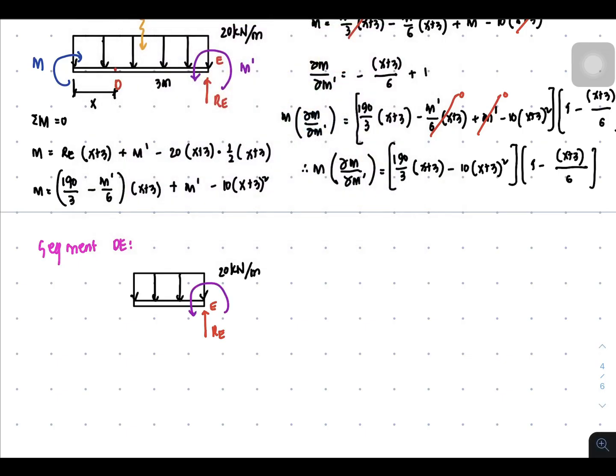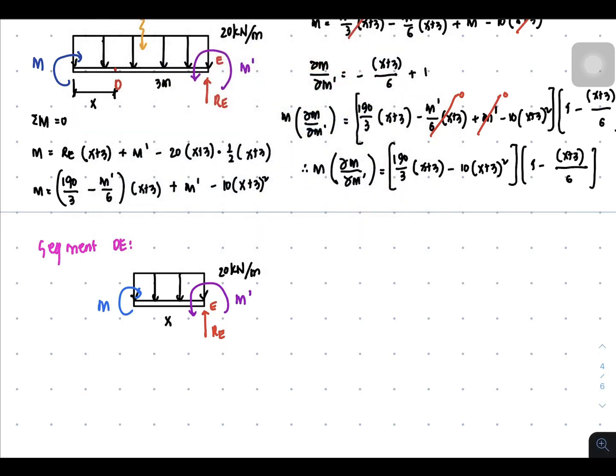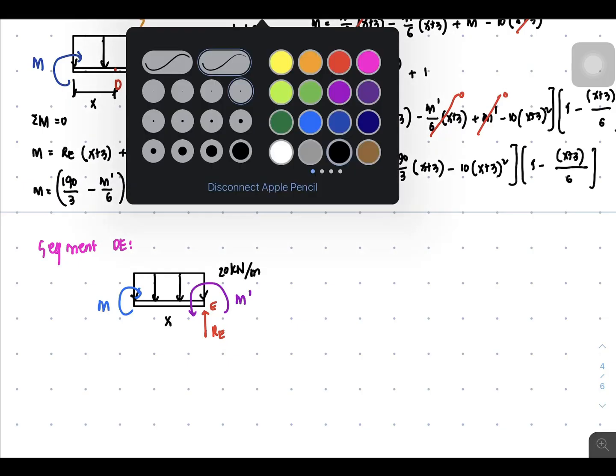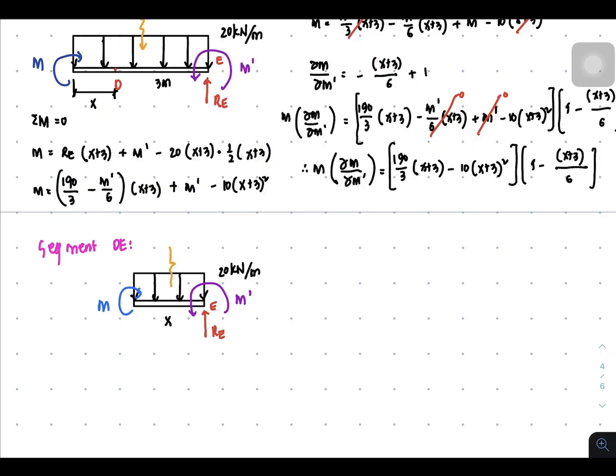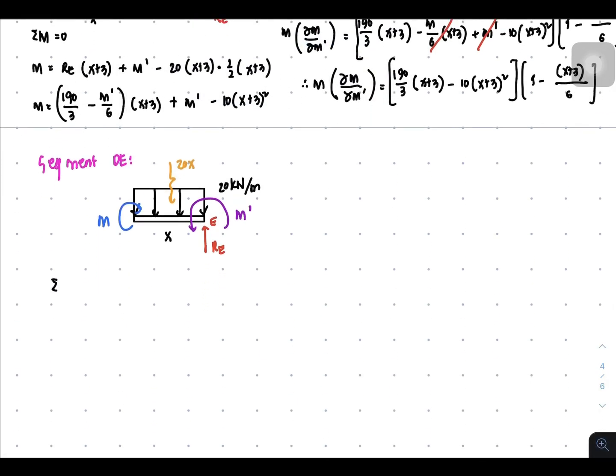And of course, you have this rotational M prime, and this is the point of cutting, M, and at this portion, this is X. Then the resultant is now 20 times X. So in this case, we are now going to get the moment equation.